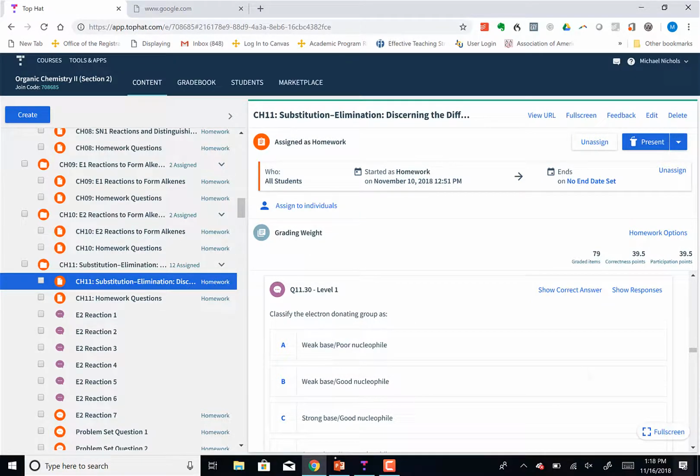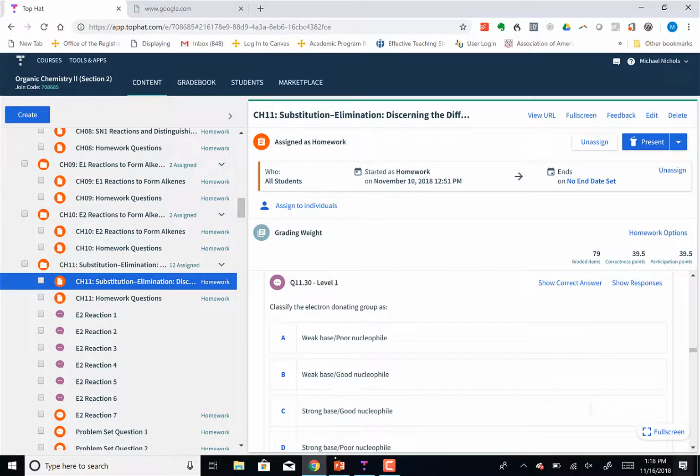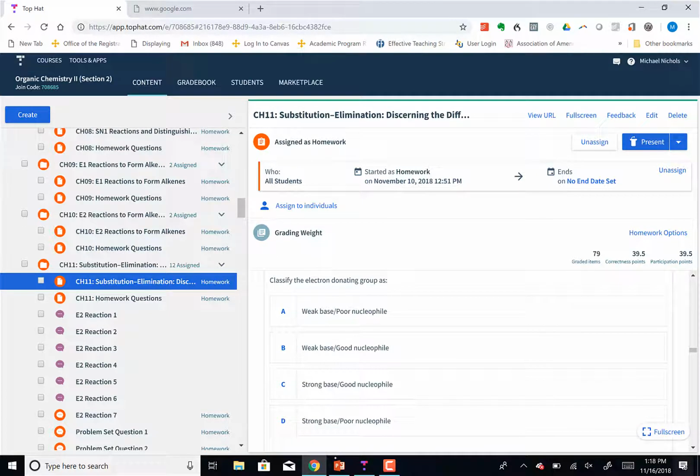Classify the electron donating group as weak base, poor nucleophile; weak base, good nucleophile; strong base, good nucleophile; strong base, poor nucleophile. I heard a letter. C?